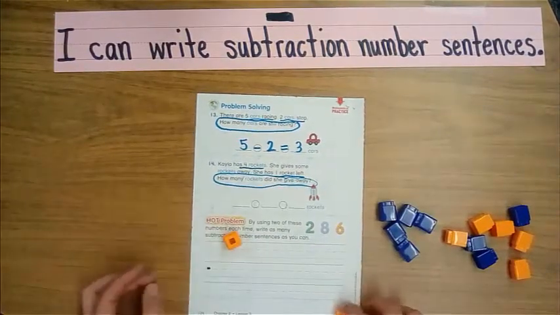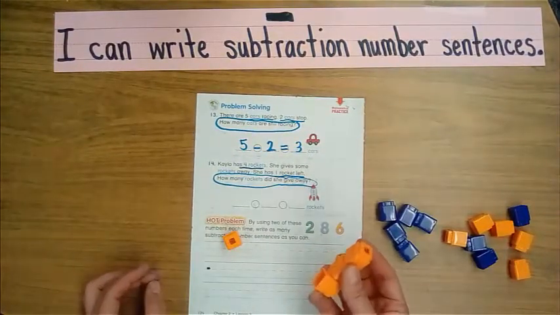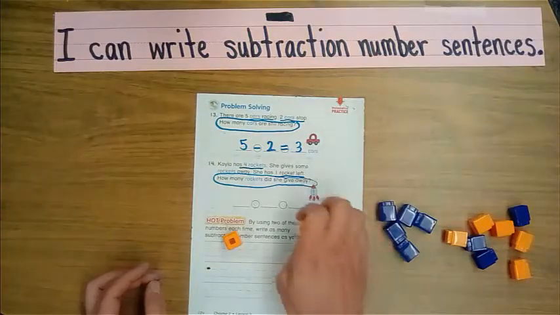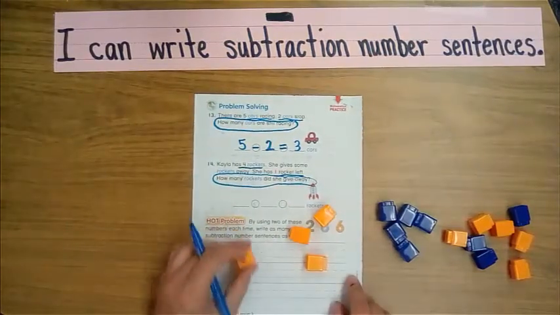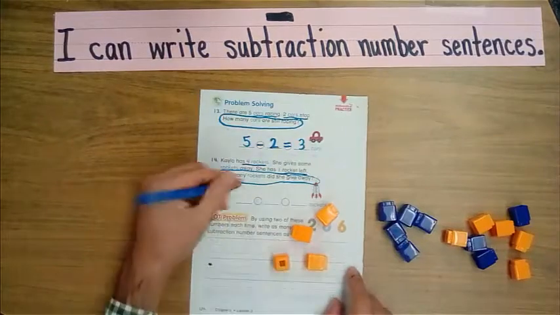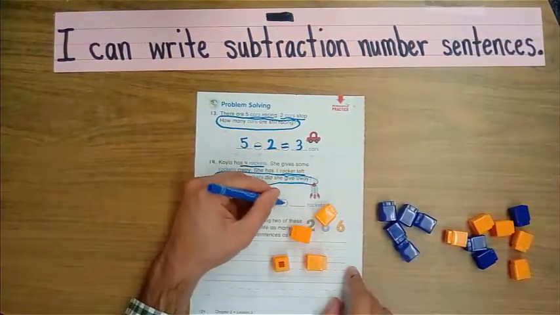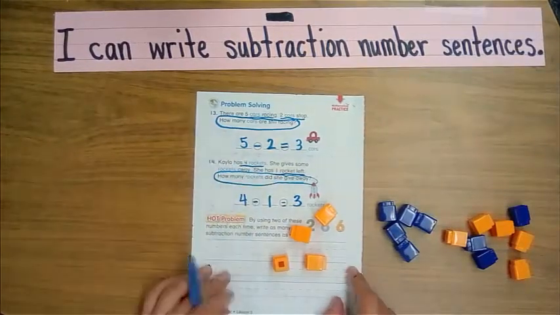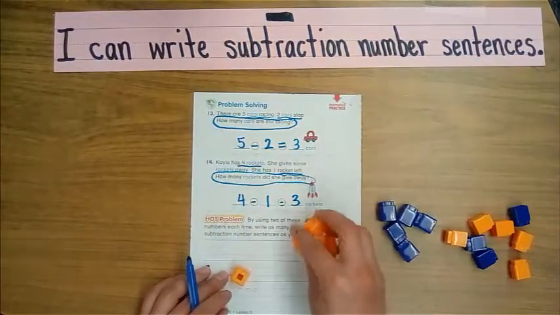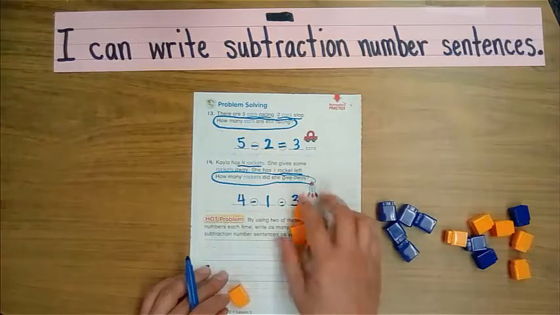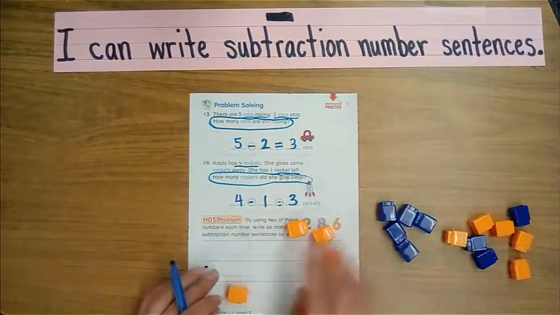How many did she give away? That's right, she gave away 3, right? So we're going to say 4 minus 1 equals 3. So she gave away 3 rockets, right? The answer is 3 rockets. Okay.